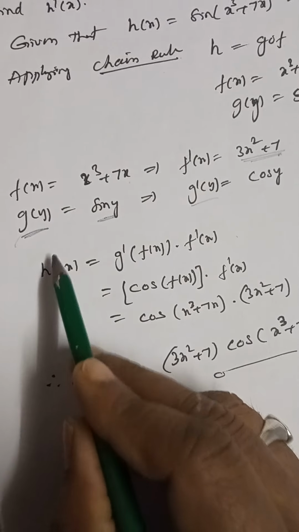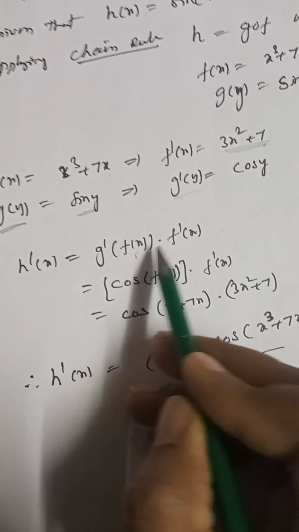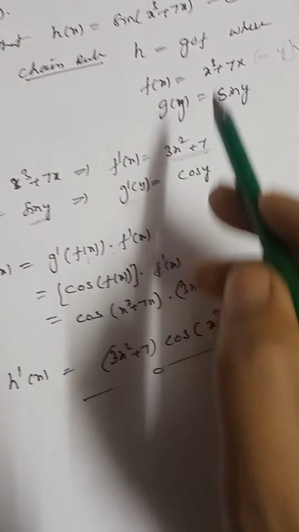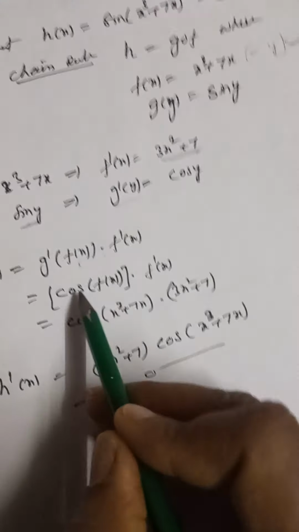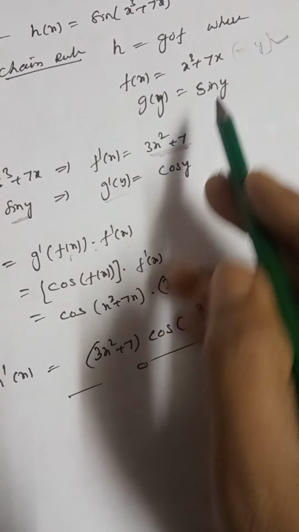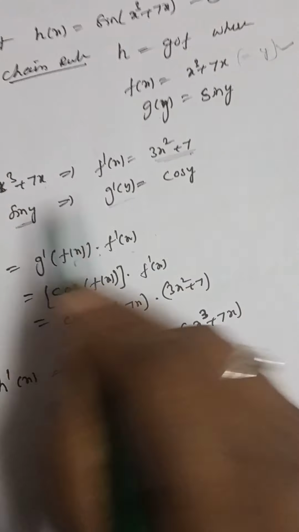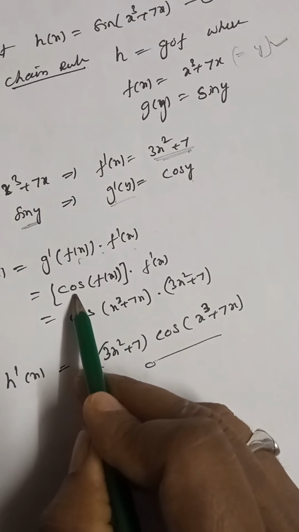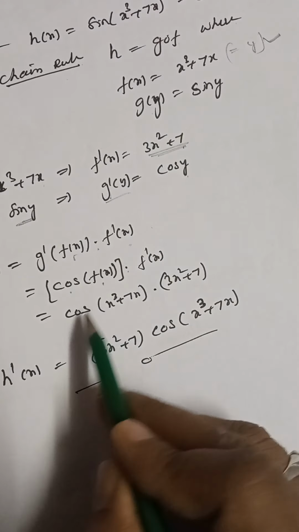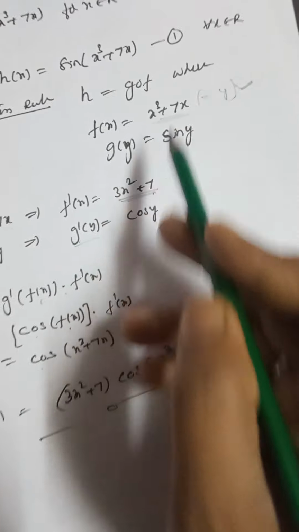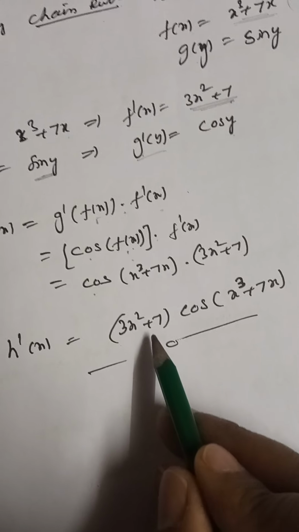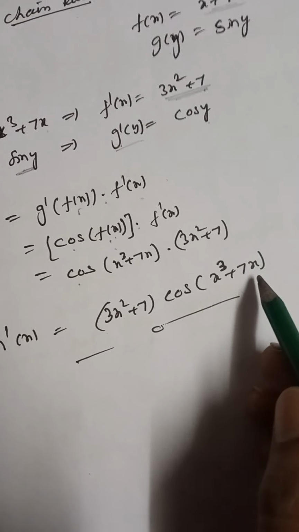Now by the chain rule, h dash of x can be written as g dash of f of x into f dash of x. g dash of y is cos y, so g dash of f of x is cos of f of x, which is cos of x cube plus 7x, into f dash of x, which is 3x square plus 7. Therefore h dash of x is equal to 3x square plus 7 into cos of x cube plus 7x.